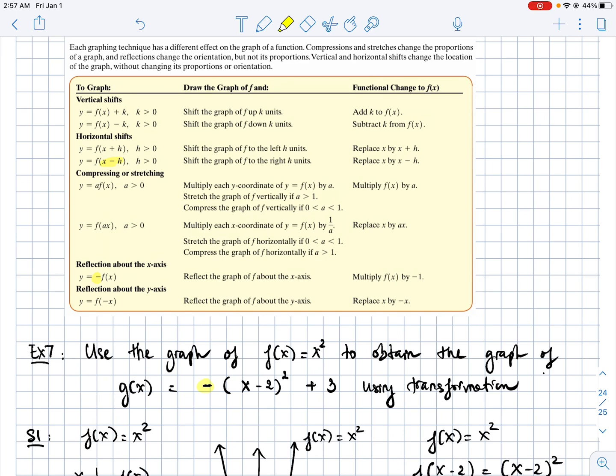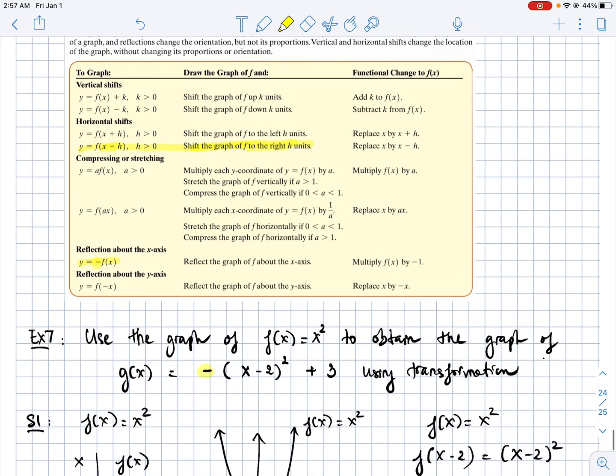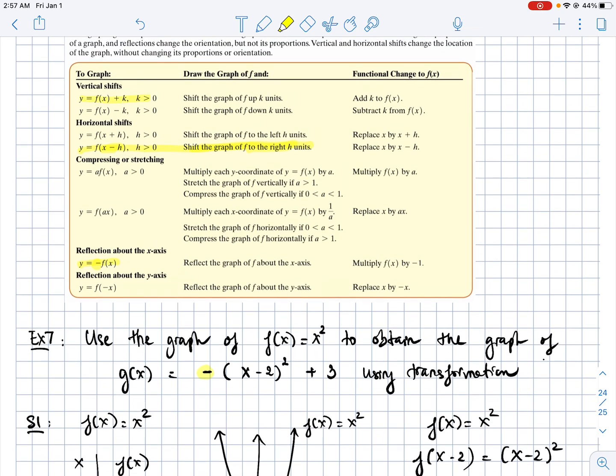It will tell you the horizontal shift, that means shift to the left or shift to the right. X minus h, for h is 2, we have a shift to the right. And the last one, you have 3 adding outside, so that is the k. So we shift the graph up k units.